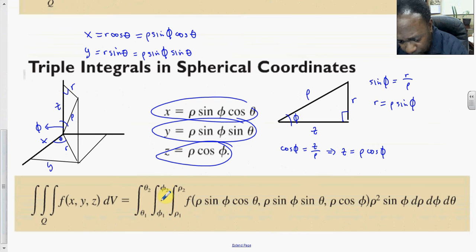The next integral gives the boundary for phi, where phi is bounded between phi sub 1 and phi sub 2. And then this third integral gives the boundary limits for rho. Rho is bounded from rho sub 1 to rho sub 2. It's the function. This represents x. This represents y. This represents z. And we have the correspondence that we just got through showing.